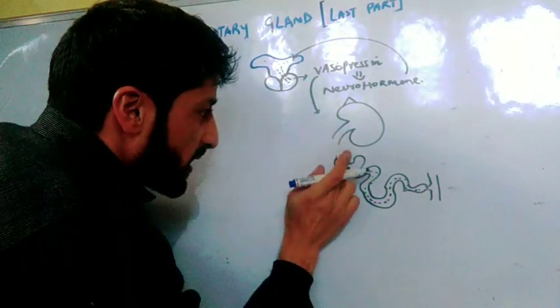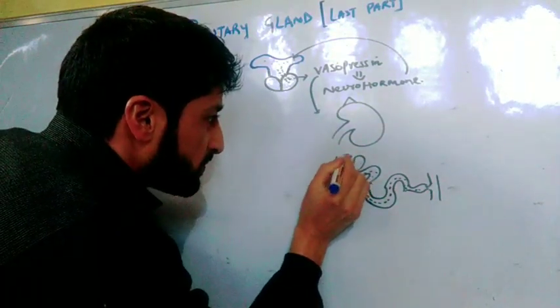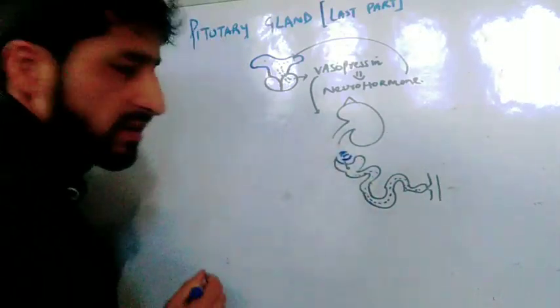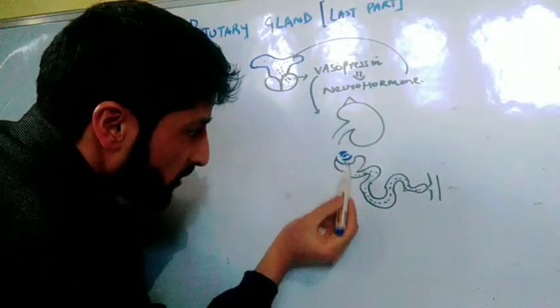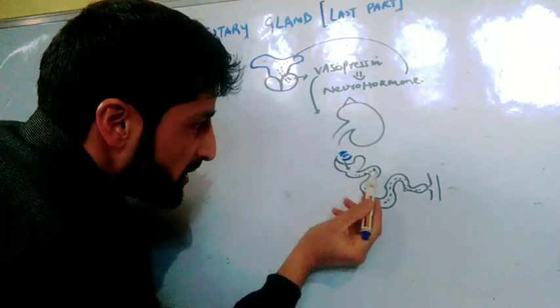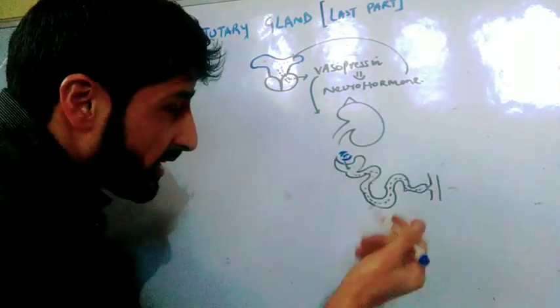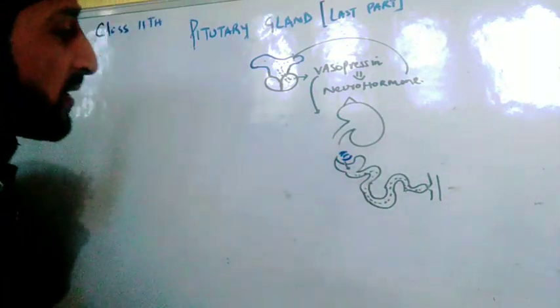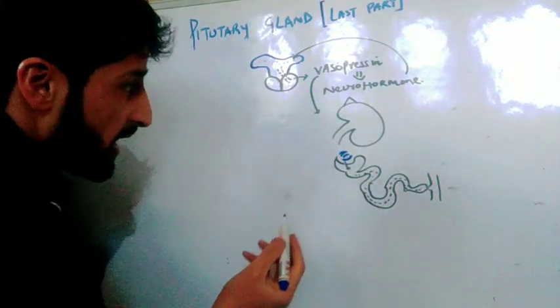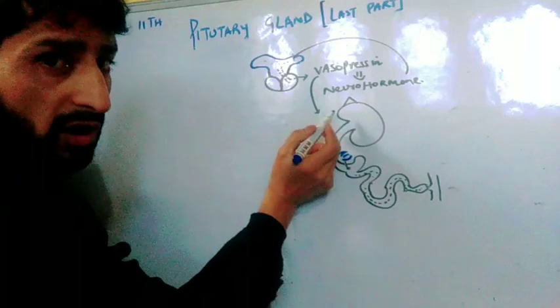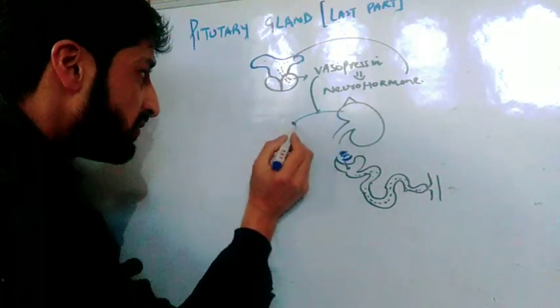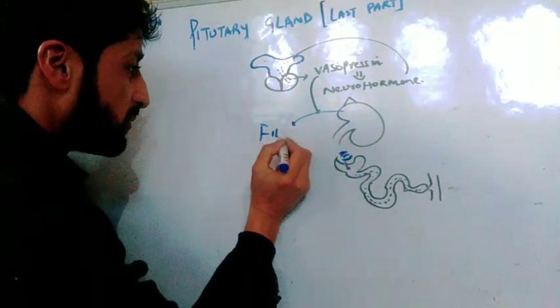That filtration apparatus we call glomerulus. You have studied something called glomerulus, Bowman's capsule, PCT, loop of Henle, DCT, and collecting duct, collecting tubules. Simultaneously, what actually happens is that the main role of kidney is blood filtration of your blood.